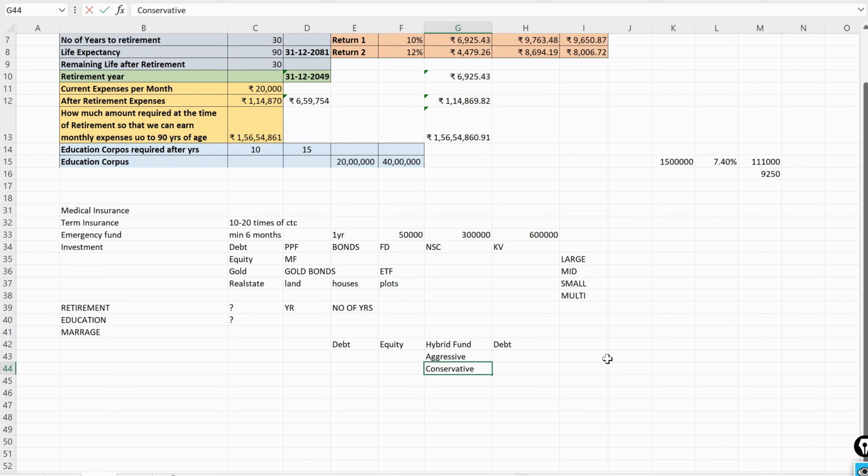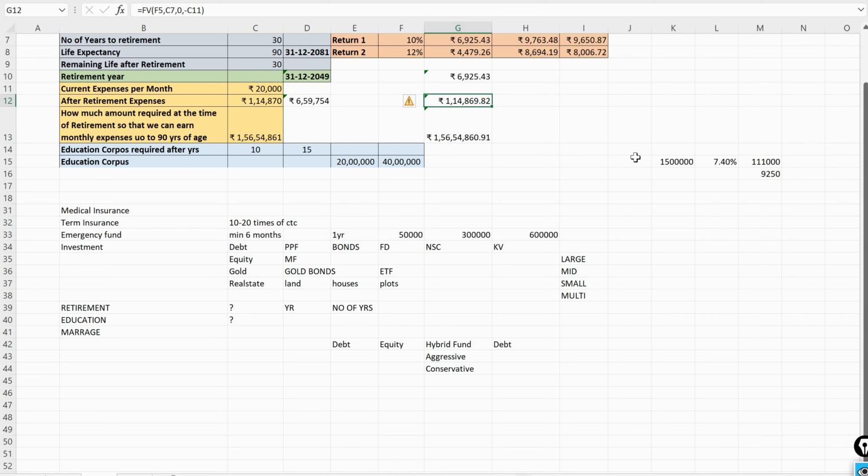Suppose as per our calculation the required corpus is 1 crore 14 lakh, and I have 2 crore, 3 crore or 5 crore with me at the time of retirement.